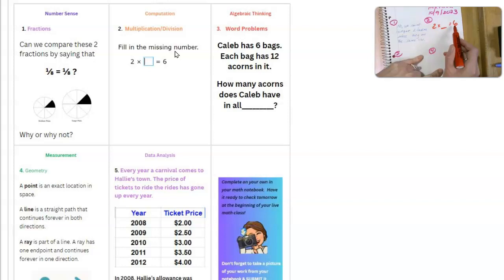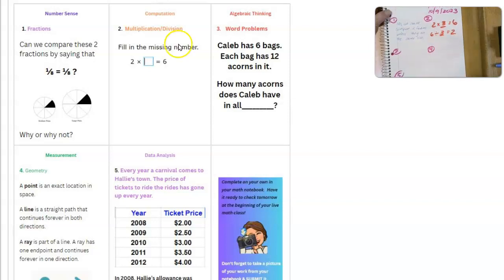So 2 times what equals 6 is the same as 6 divided by what equals 2. Okay, so 2, 4, 6. If I counted by 2's 3 times, that would equal 6. And then if I reverse those, 6 divided by 3 equals 2. So you have here like a nice little fact family.